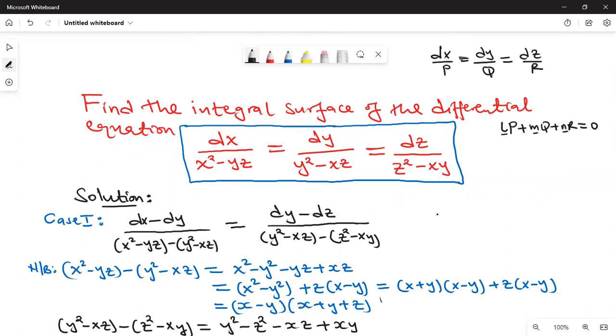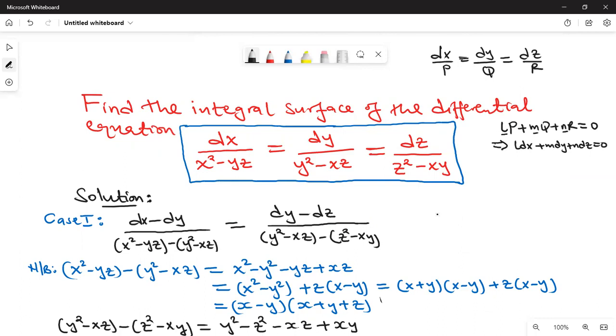If that is the case, then that will imply that L dx plus M dy plus N dz must also be equal to 0.